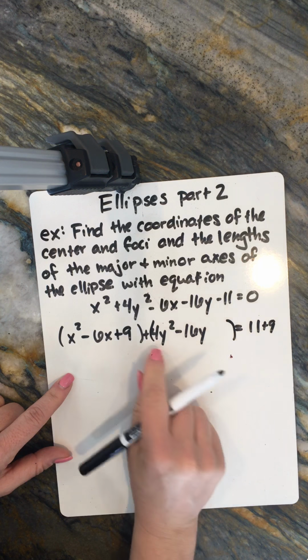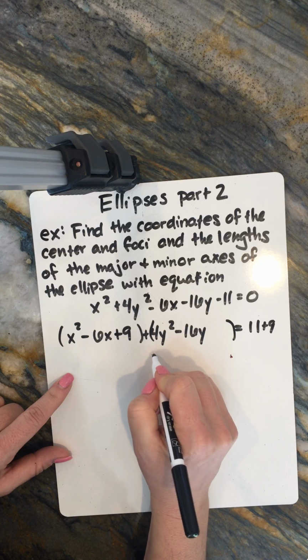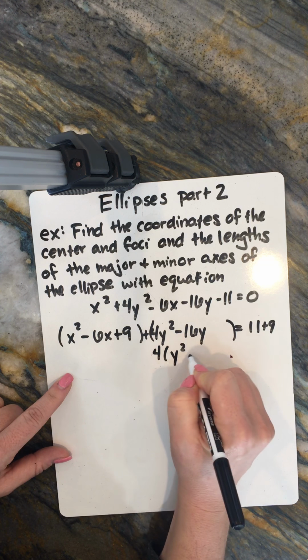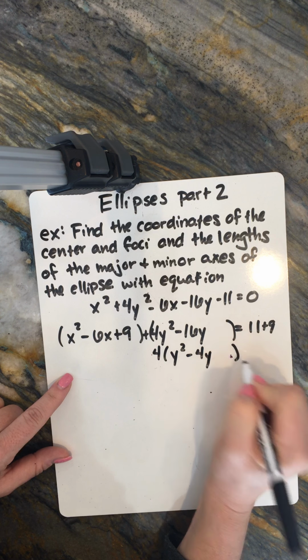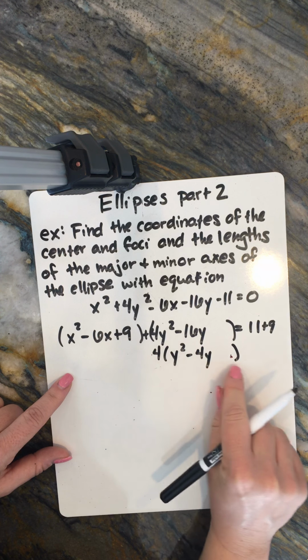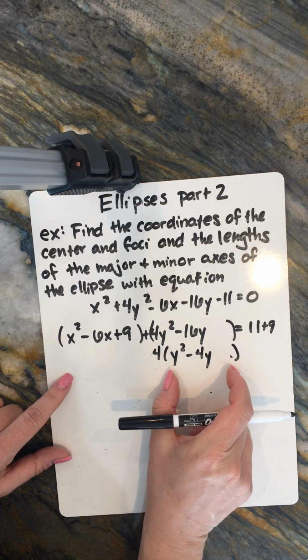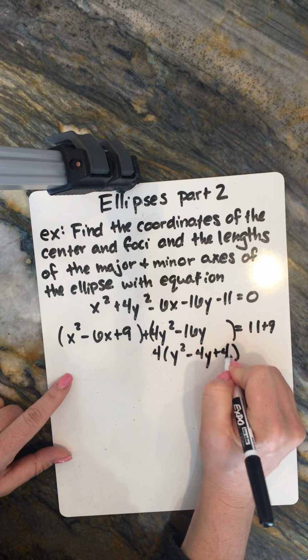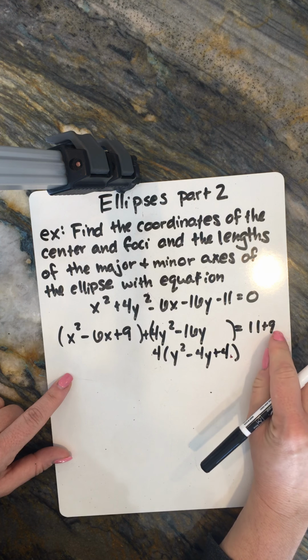This set here, we need to divide by 4 first. So this becomes 4 times the quantity y squared minus 4y. All right, so let's complete the square with this almost trinomial here. 4 divided by 2 is 2, squared is 4. So that means I'm not going to add a 4.